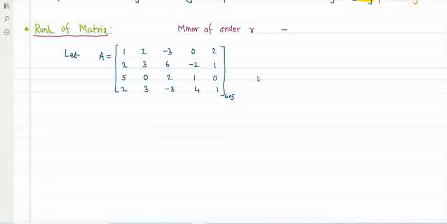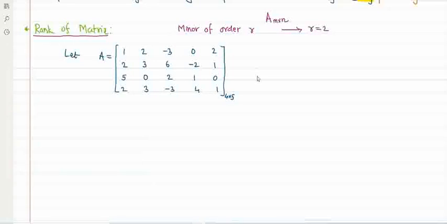To explain this definition, I will take R equal to 2. After explaining the example, you can generalize that. Suppose we are finding the minor of order R for any matrix A of order m by n, where R is less than the minimum of m and n.